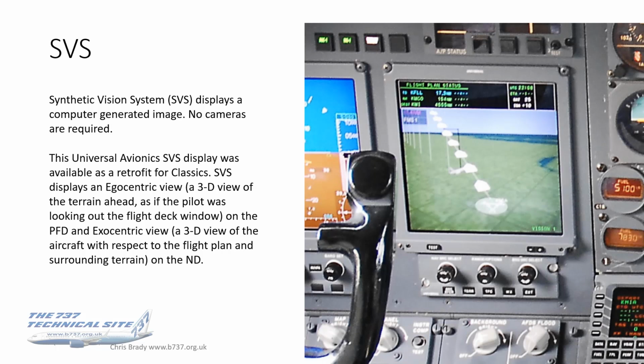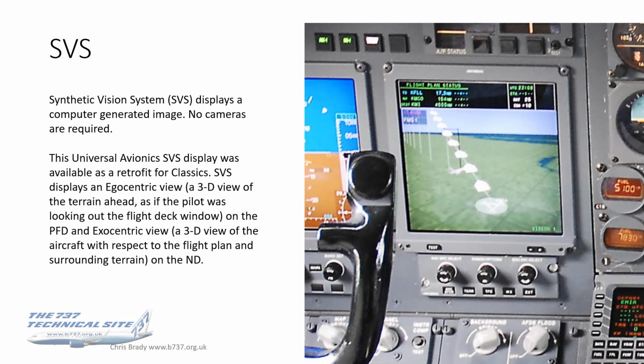This picture is taken from Universal Avionics, a flight deck for a Classic. I think this was actually a 737-500 from memory that they decked it out on. I don't know how many of these they sold. I don't know how popular it was. But certainly there was at least one aircraft with it on.